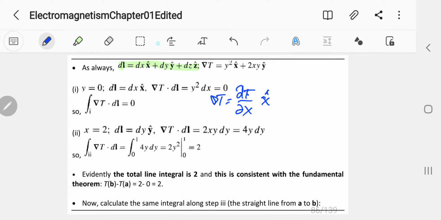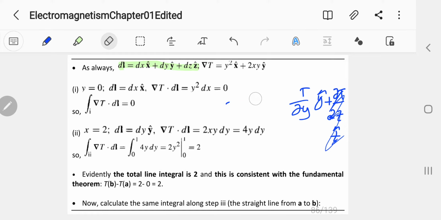So you have here the x direction, x hat, plus the partial of t with respect to y, y hat, plus the partial of t with respect to z, z hat. But there's no z component, so this is just equal to 0.